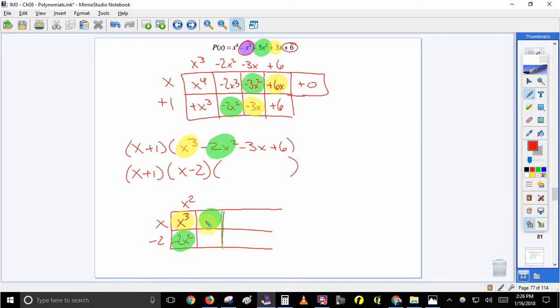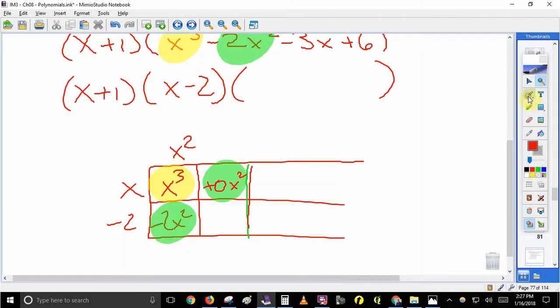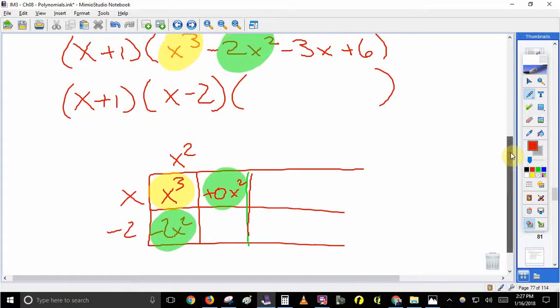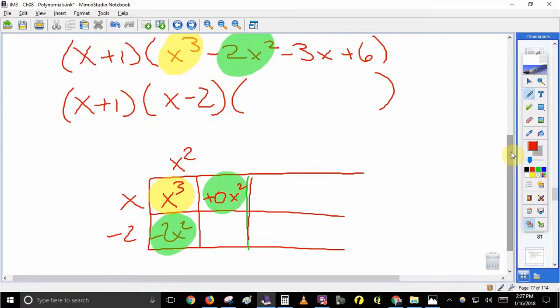So we have plus 0 x squared. I'm going to zoom in a little bit on this. Plus 0x squared. So this must be plus 0x. And this is going to be 0x once we multiply that.